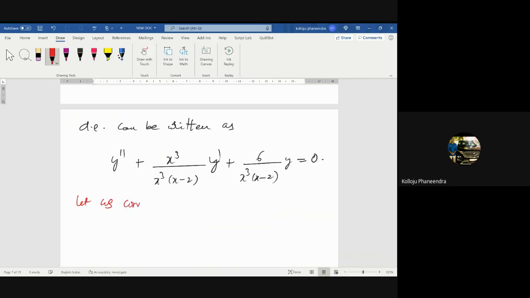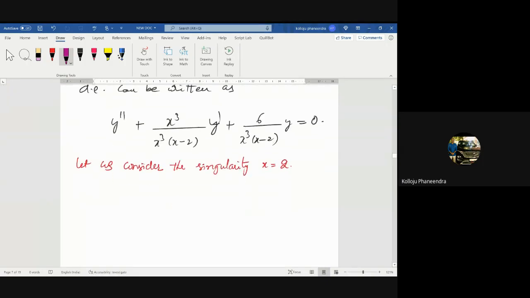Let me take first x equal to 2. Then for x equal to 2, what structure do I have to write?